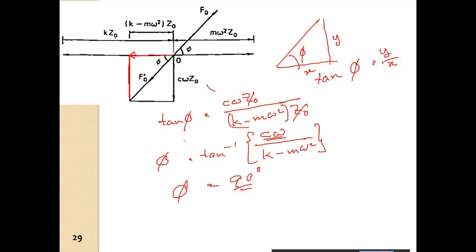That means the applied force will be opposite to the displacement. So that is a condition of resonance. That is why some amount of damping is required to control the amplitude when there is a resonance. Of course, we will see that in the coming slides.